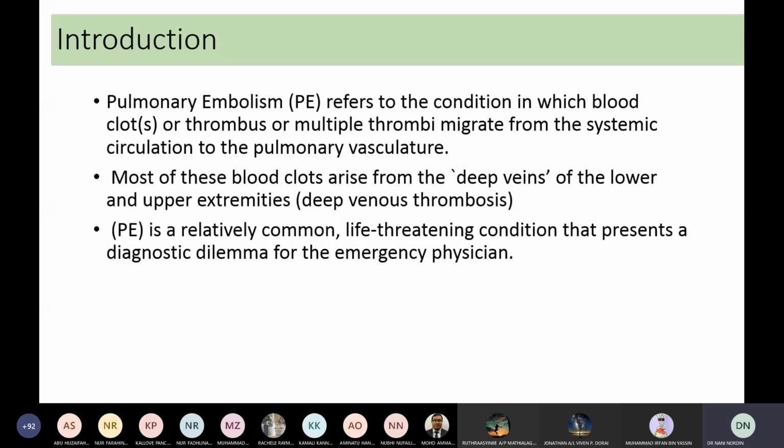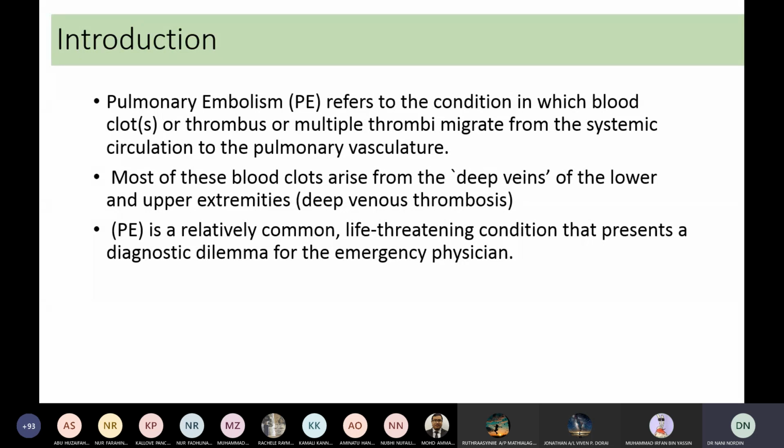Because you will need specific investigation to be able to diagnose pulmonary embolism. You need to suspect pulmonary embolism first, then only will you direct your investigation toward specifically diagnosing it, because most of the time your routine investigations won't pick up pulmonary embolism. So it requires suspicion, which involves a combination of knowledge of the risk factors as well as knowledge of signs and symptoms.